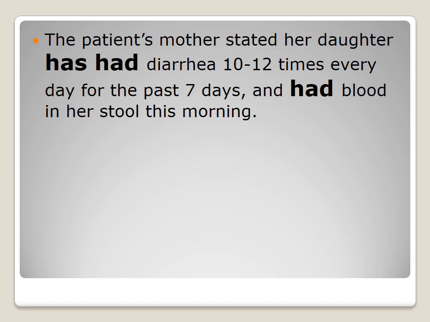The present perfect is used to indicate something that started in the past and is still true or relevant in the present. That's the diarrhea. Started in the past and she still has it, I assume. Now, the past tense, had blood in her stools, is used to indicate something that happened once in the past, and that was the blood in her stool.